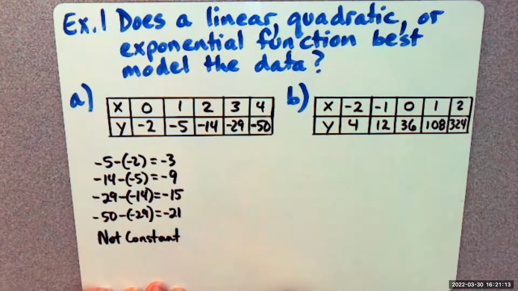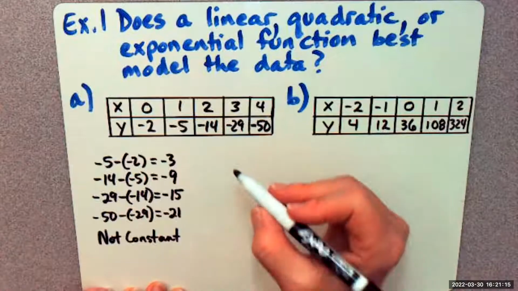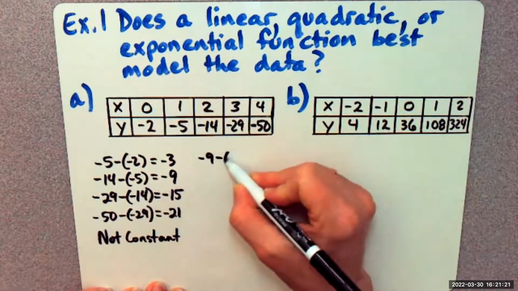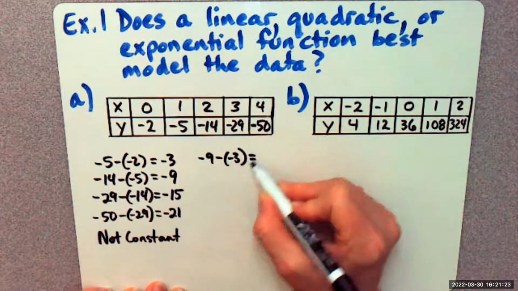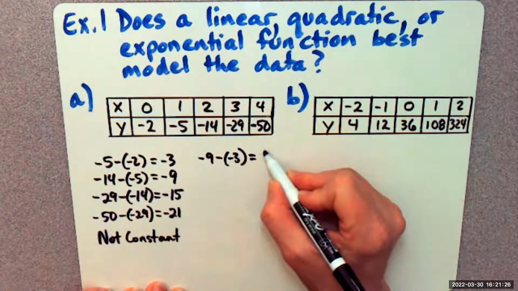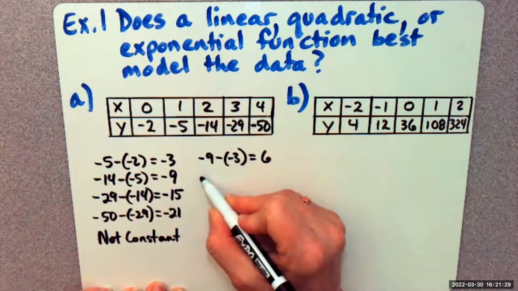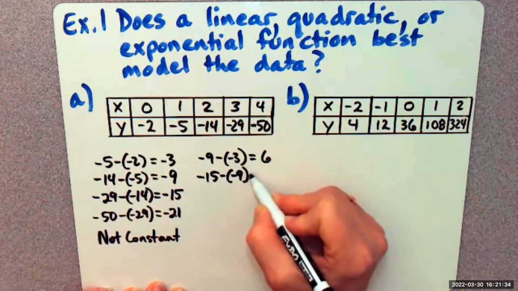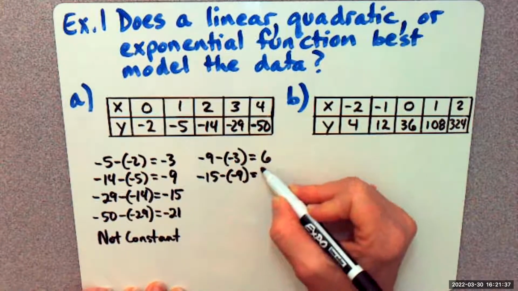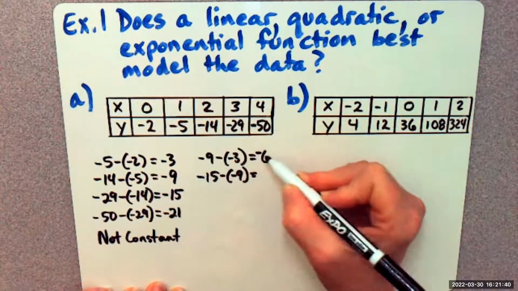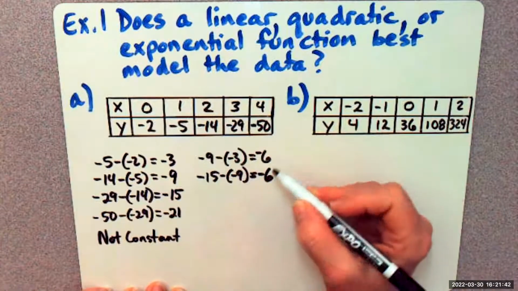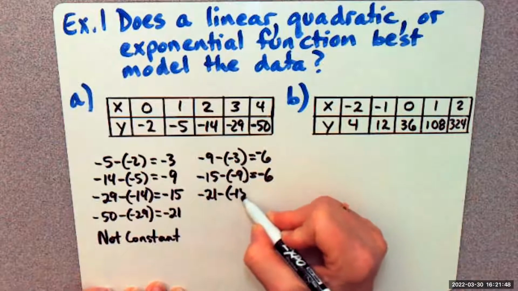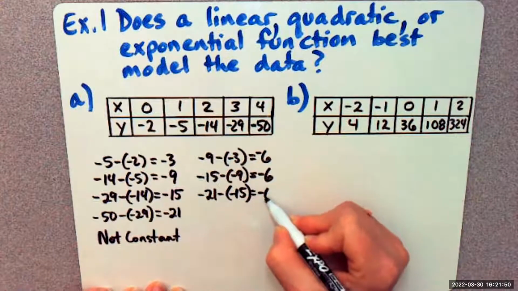Now we have to look at the second difference. We're going to write -9 minus -3, so that's -9 plus 3, which gives us -6. Then we have -15 minus -9, that gives us a -6. And then -21 minus -15 also gives us -6.